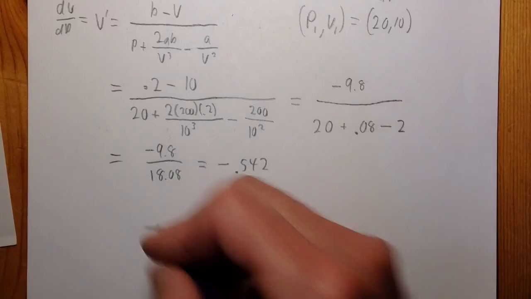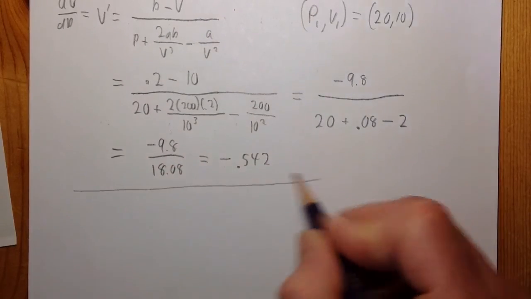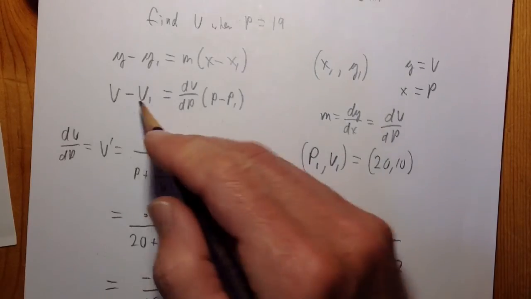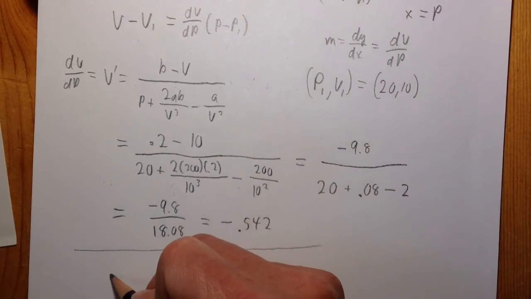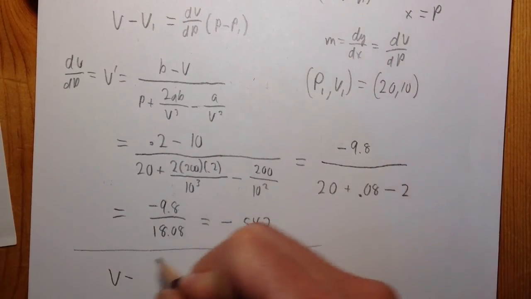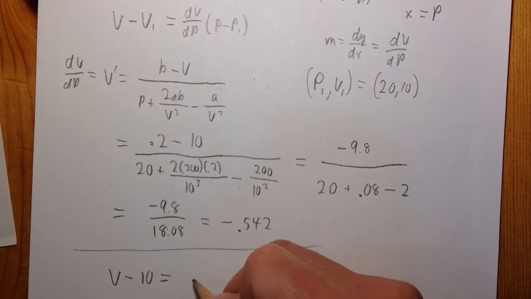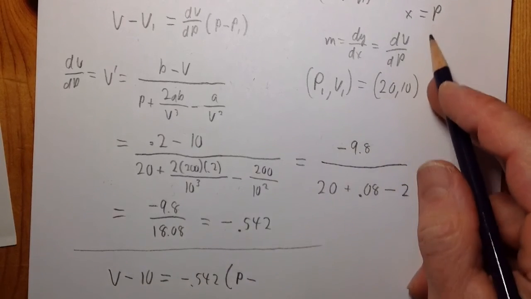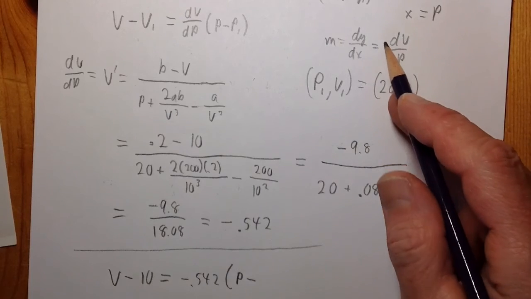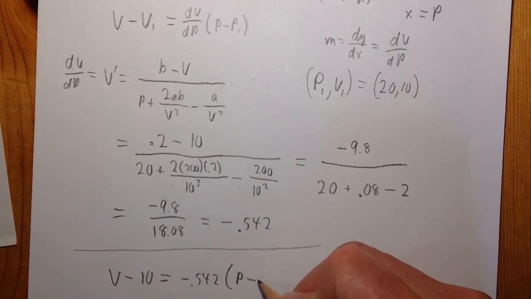So finally, we can go back to the other formula up there. V minus V1, where V1 was 10, equals the slope, negative 0.542, times P minus P1, where P1 is 20.